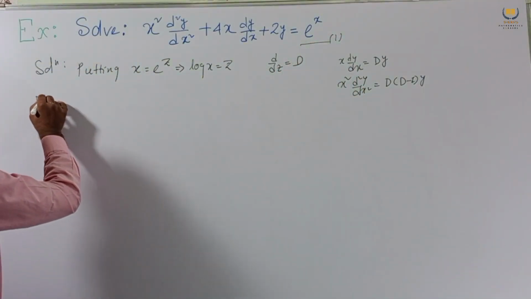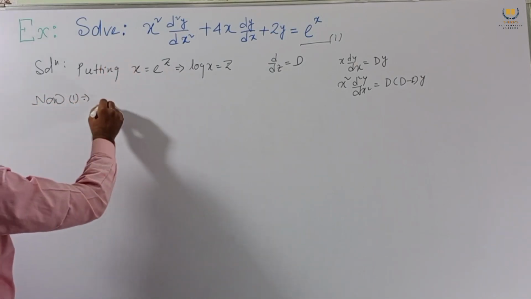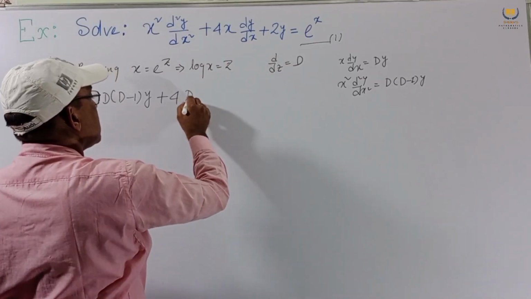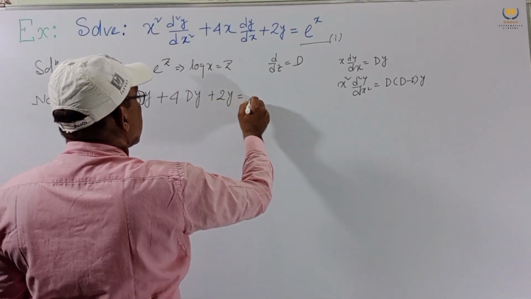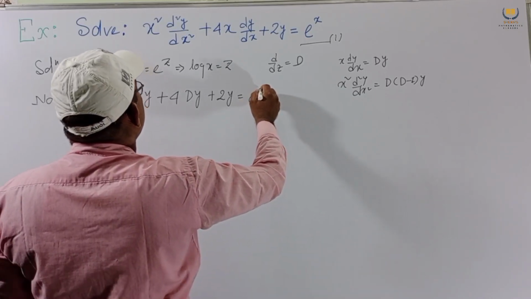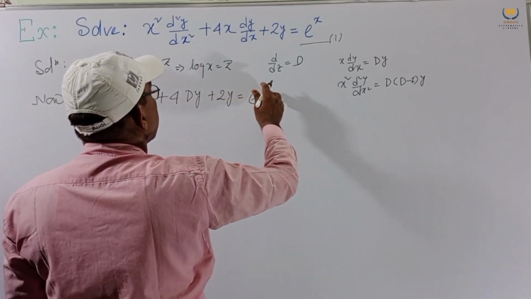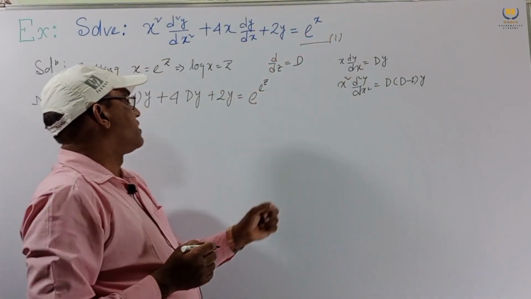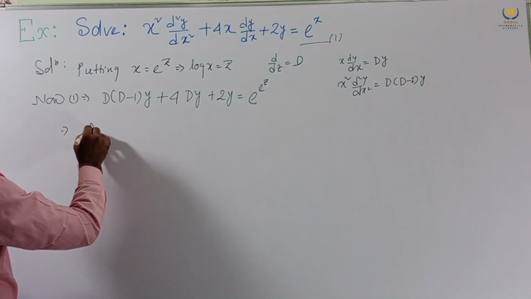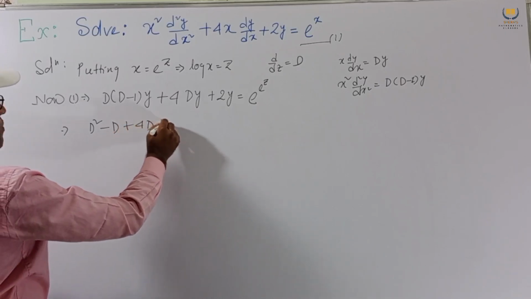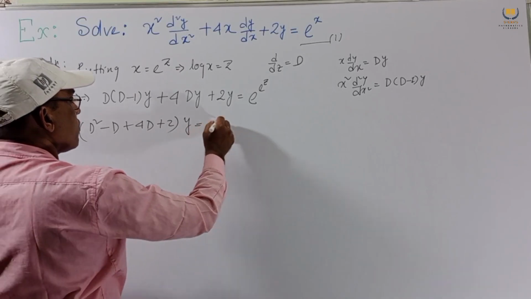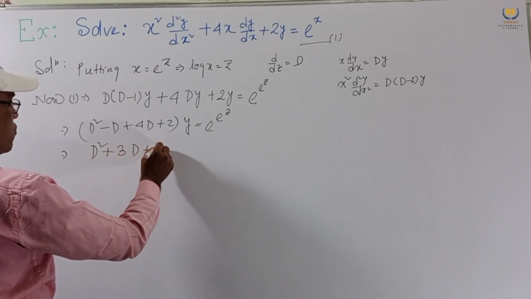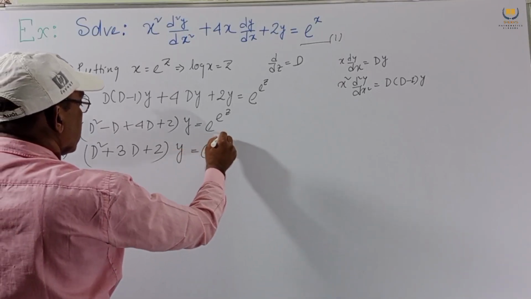Now 1 implies D(D − 1)y + 4Dy + 2y = e to the power x, and x means x = eᶻ, so e to the power eᶻ. So y common: (D² − D + 4D + 2)y = eᶻ. This is (D² + 3D + 2)y = eᶻ.